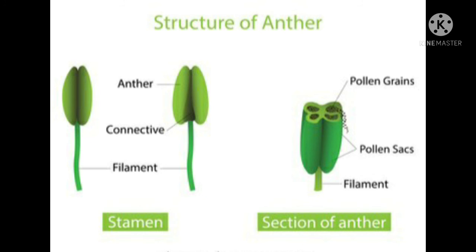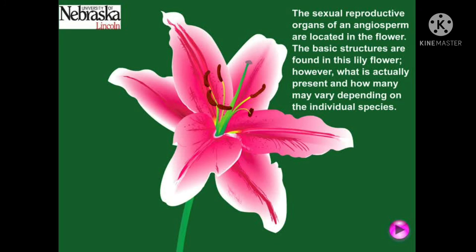Now, how do the male and female parts in a flower take part in reproduction? Well, as we know, some flowers have both the parts and they are called bisexual. In such plants, the male part, that is the stamen, releases its pollen grains from the anther sac or pollen sac.